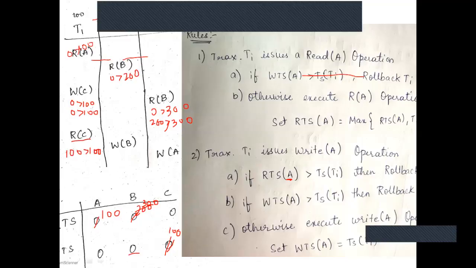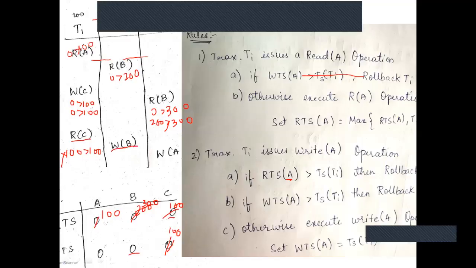So what we should do is find the max of RTS of C, that is 0 and 100. What is the max value? That is 100. So the RTS value will become 100.